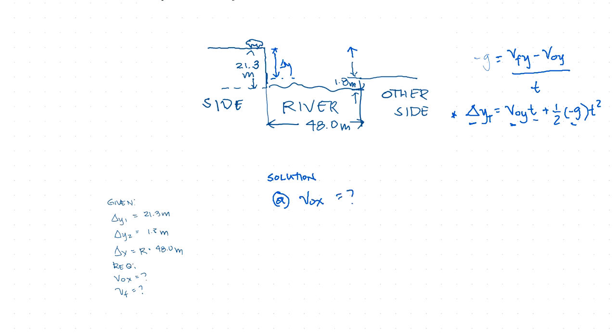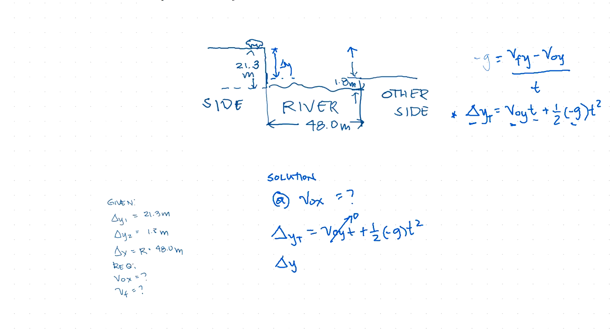Let's find the time first. So, we use the second equation. So, the total displacement is equals to initial velocity on the y times time plus 1/2 times negative g times t squared. So, this one is 0. So, yung matitira na lang natin is the total displacement.